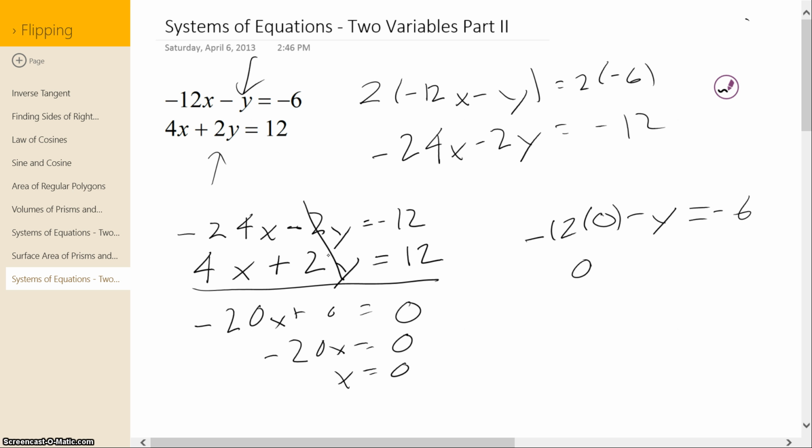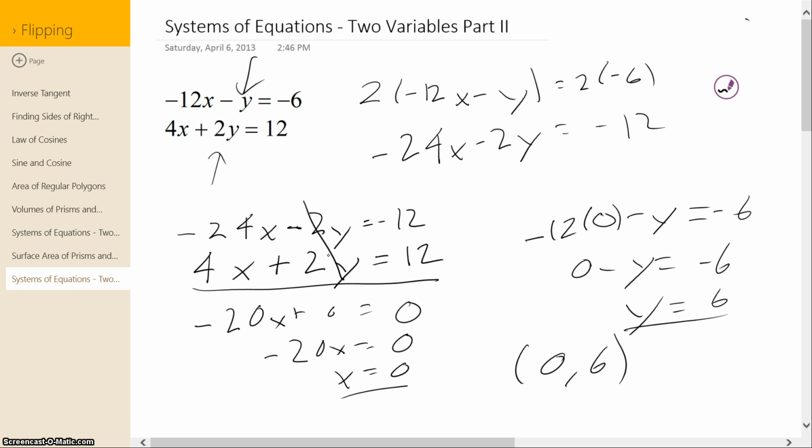This becomes 0, so 0 minus y equals negative 6. That just means that negative y equals negative 6, so y is going to equal 6. So if x equals 0 and y equals 6, my solution is going to be 0, comma, 6.